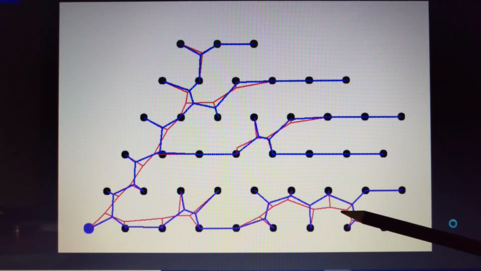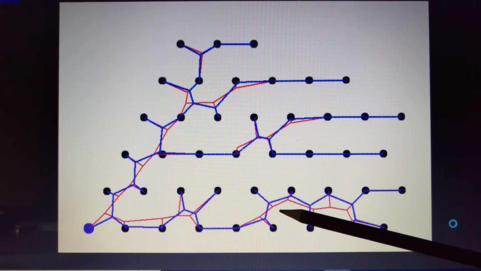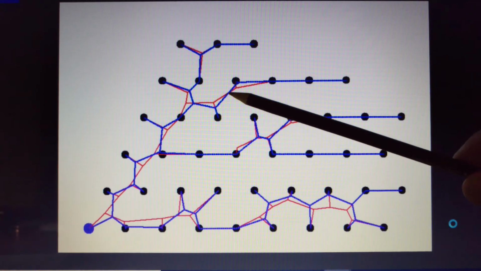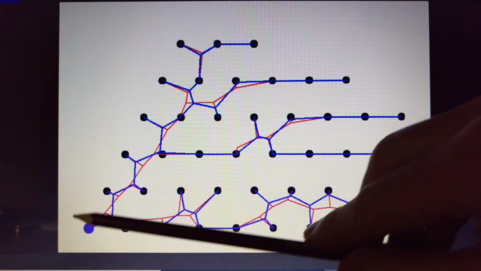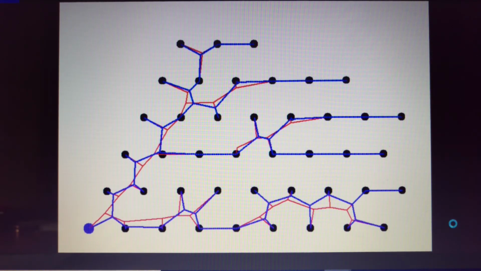So the first stage total line distance, in red here and overlain by the blue, was a distance of 418. Recall that the conventional way of just going up with straight laterals had a distance of 436.